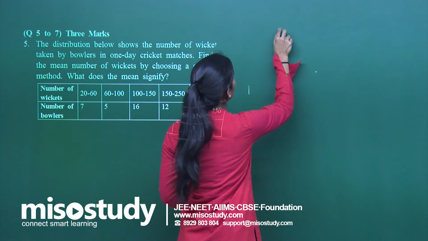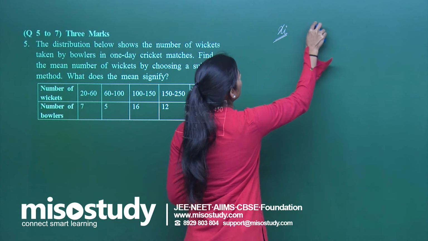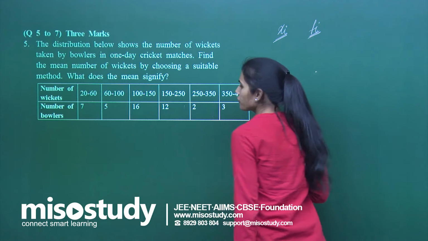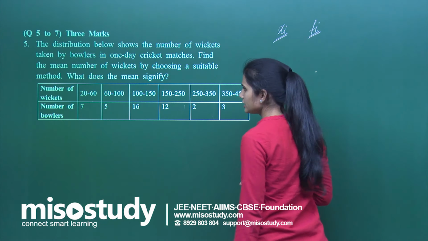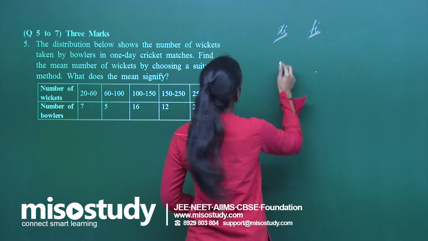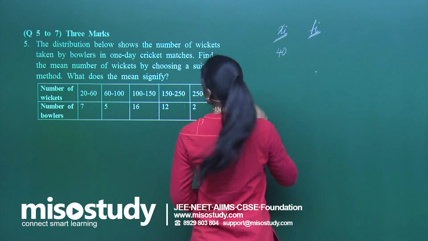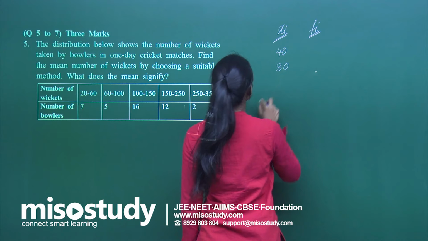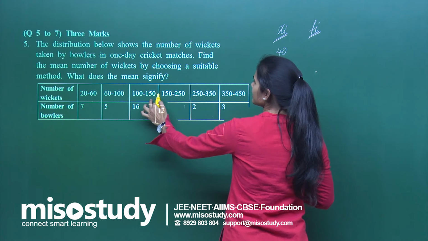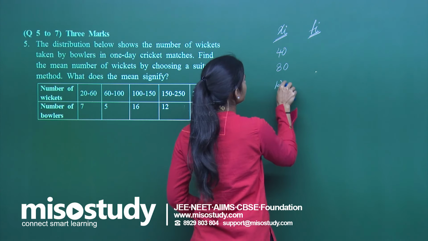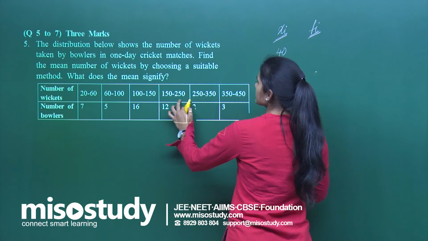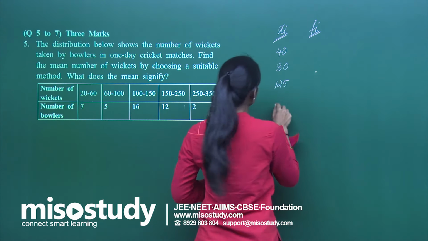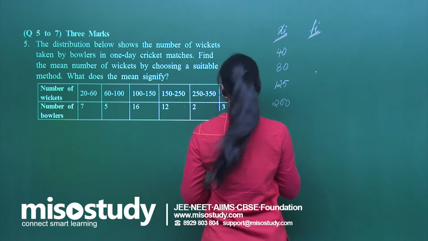So let's first of all get xi's, because fi's we already have. So what is the class mark of this first class interval? It is 40, because 60 plus 20 is 80, 80 upon 2 is 40. Then 100 plus 60 is 160 upon 2 is 80. Next you have this as 250 upon 2 is 125. Then it is 250 plus 150, which is 400. 400 upon 2 is 200.